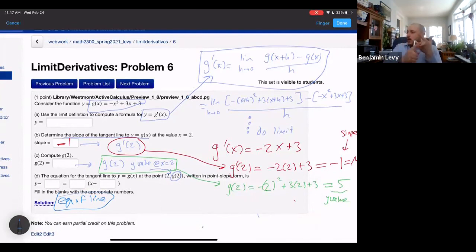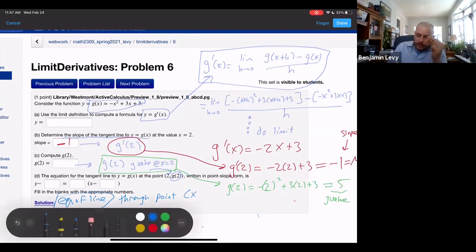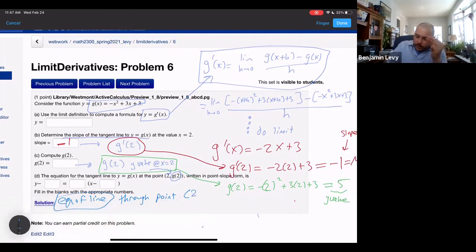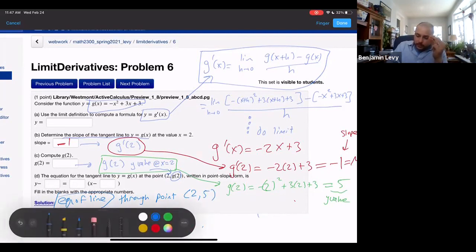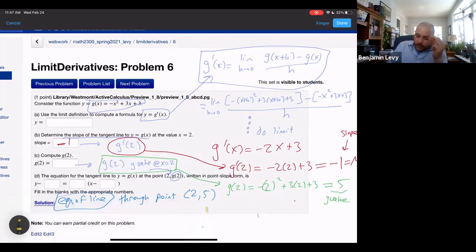We found a y value, and now I'm going to write the equation of the line through the point we're given. So the x value is 2. Oops, I didn't mean to write that. And then the y value is 5. The 2 is just what we were given in the problem, and the 5 is what we calculated right here.